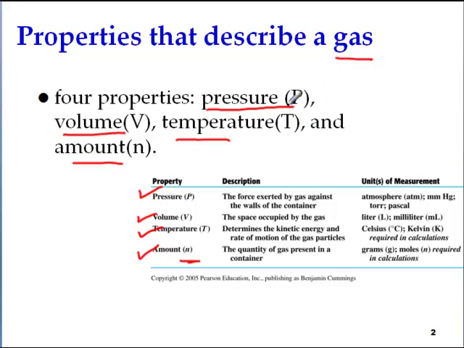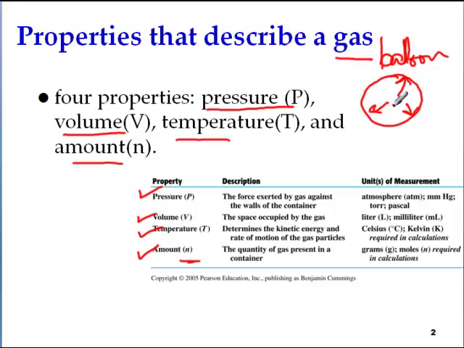So keeping these in mind, let's just describe each one of them. The pressure is defined as all the particles of the gas forcing itself on the wall of the container. If you were to imagine a balloon, in the balloon you have the gas particles exerting pressure on the walls of the balloon.